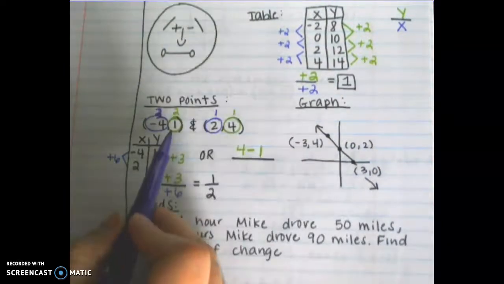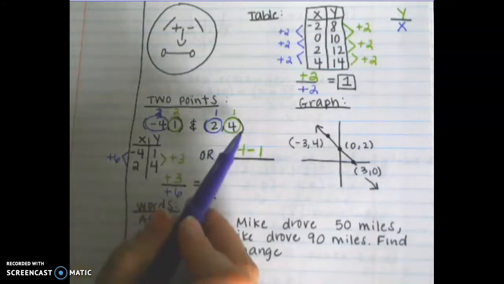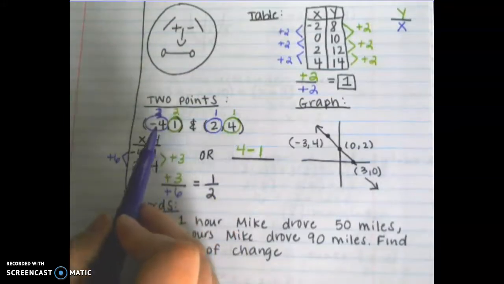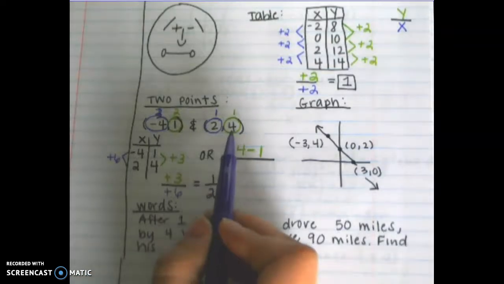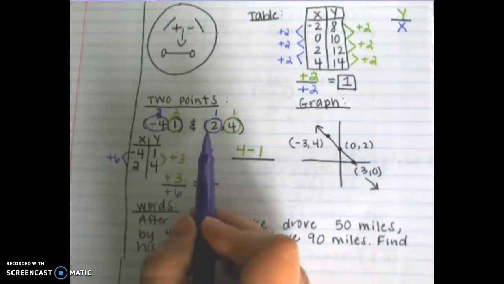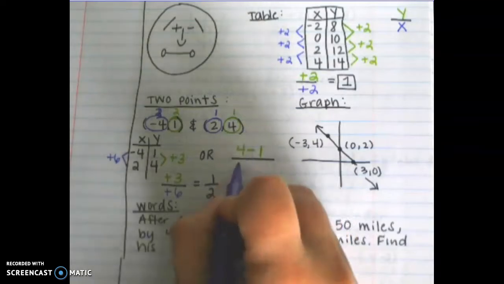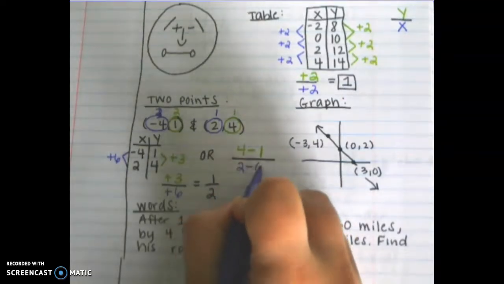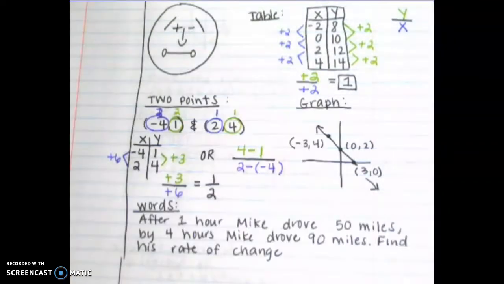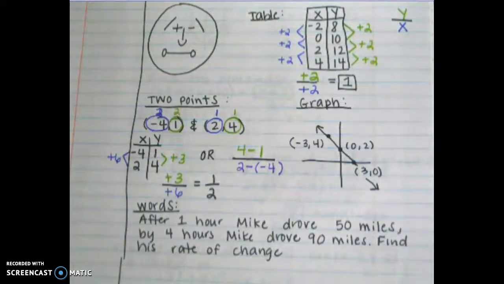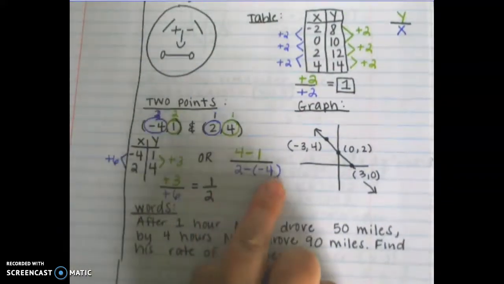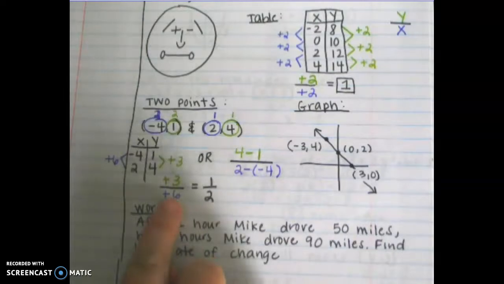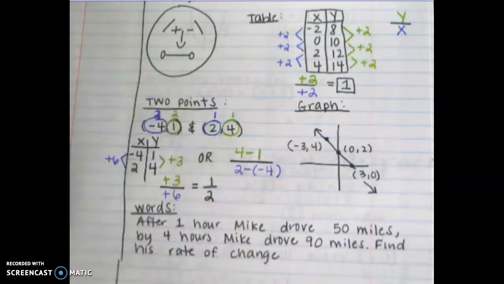So if I had decided to do 1 minus 4 instead, then this would be the x that I started with. So you just have to be consistent. Whichever y you start with, you have to start with the x that's from that same ordered pair. So my bottom, 2 minus negative 4, and that's going to give you the same exact answer because 4 minus 1 is 3, and 2 minus negative 4 is 6. So those are your choices.